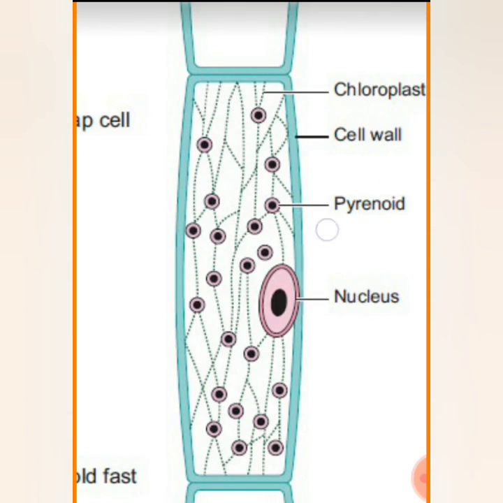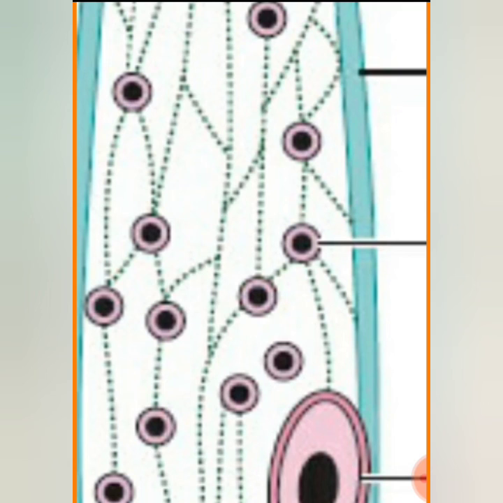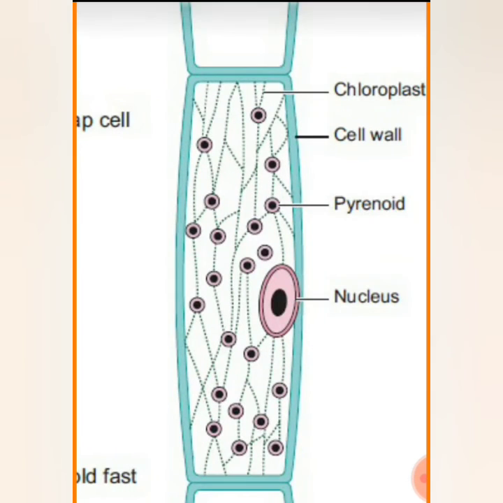You can see the chloroplast here in green, and in these chloroplasts you can find many pyrenoids. These micro compartments are present in the chloroplast, and their function is to promote photosynthetic carbon fixation. So they take part in photosynthesis.